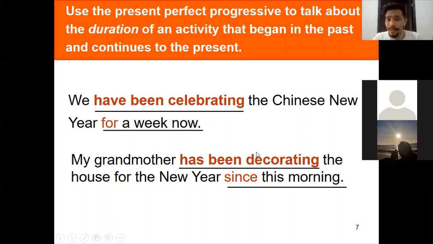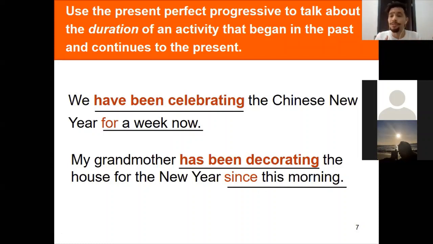But we use since to speak about the starting point of the action or the situation. For example, my grandmother has been decorating the house for the new year since this morning. Am I speaking about the amount of time that she's been decorating?